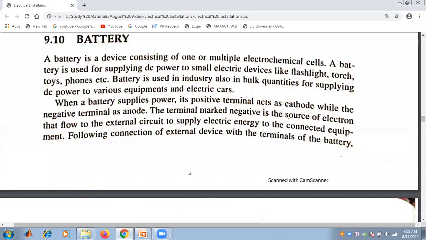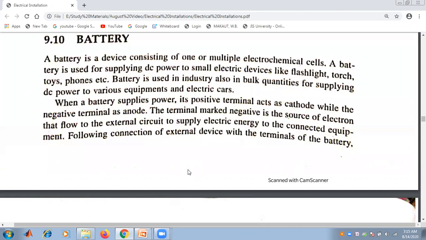So, battery. A battery, this is known to us. We have all seen the battery in our daily life. A battery is a device that consists of one or multiple electrochemical cells.